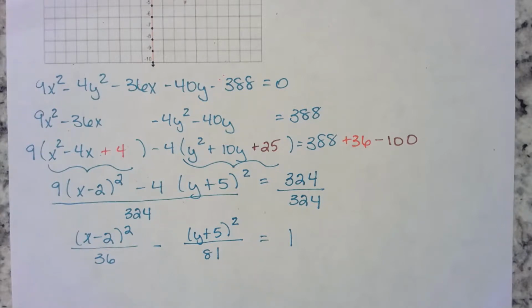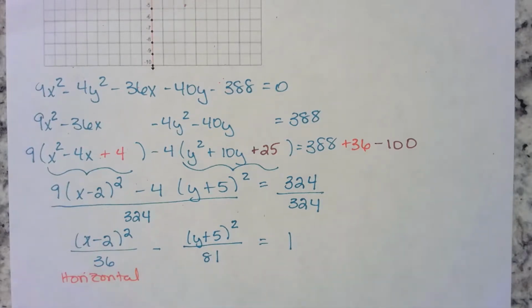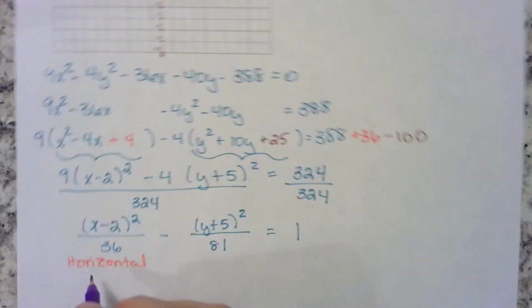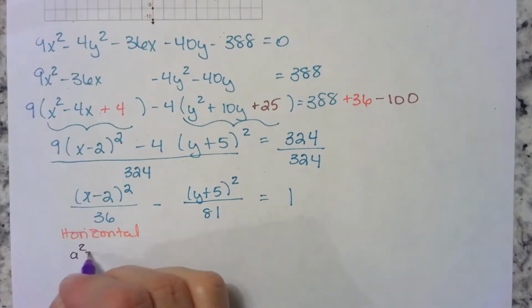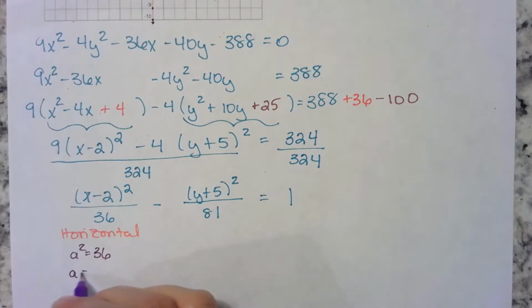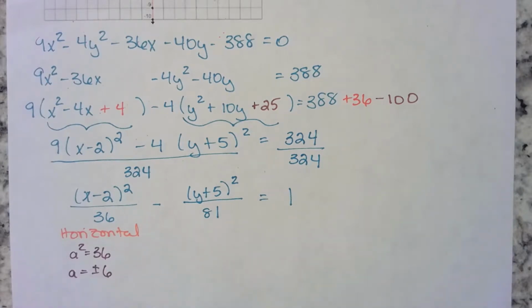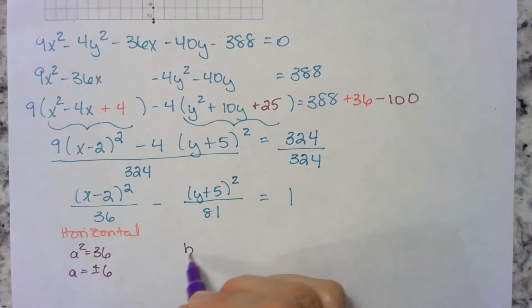First of all, x squared is listed first, which means we're going to have a horizontal hyperbola because of this one. We also know that a squared is 36, so a is plus or minus 6. We know that b squared is 81, so b is plus or minus 9.